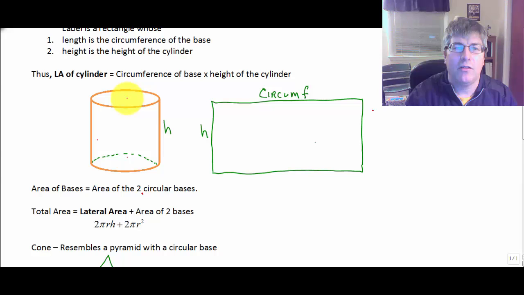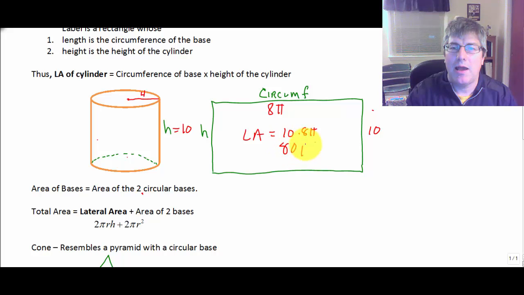So if I had a cylinder with a radius of 4, well, my circumference then would be 8 pi. And let's make the height 10, something pretty easy. So my lateral area would be 10 times 8 pi, or 80 pi units squared.